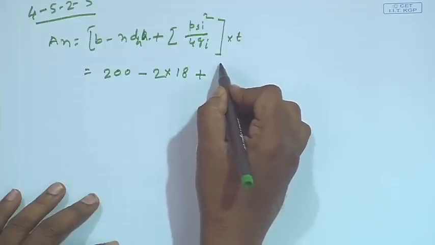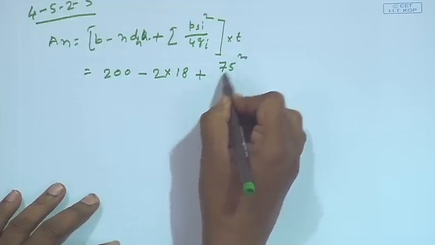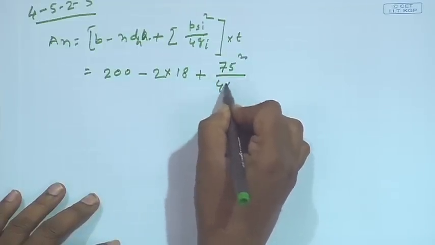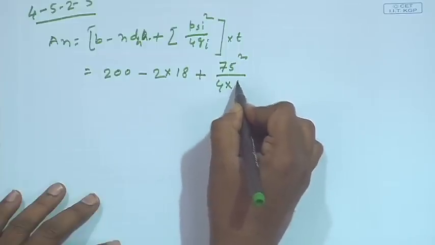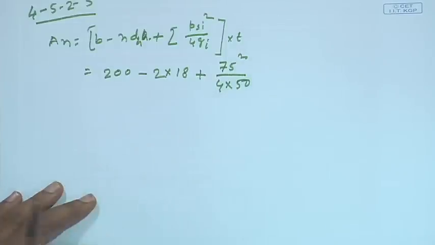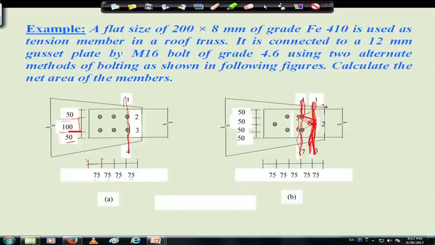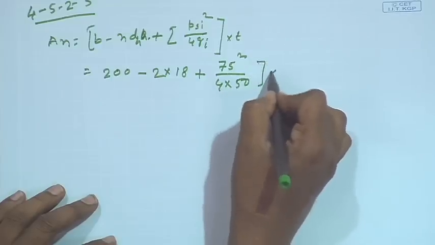So, psi will be here 75 and g will be 50. g is given here, this is 50 and this value is 75. So, this is how I can find out the value.